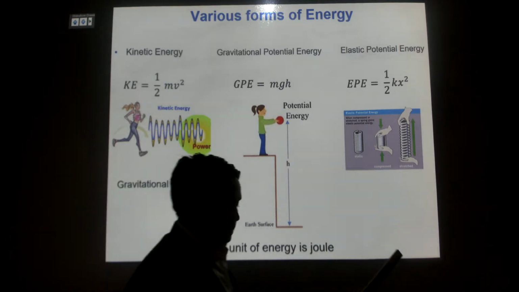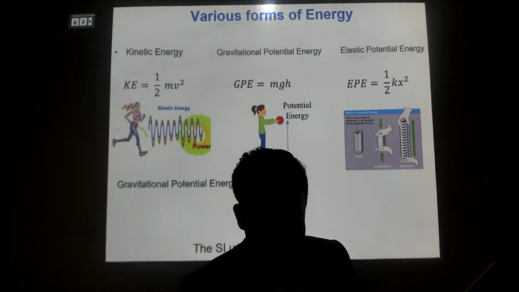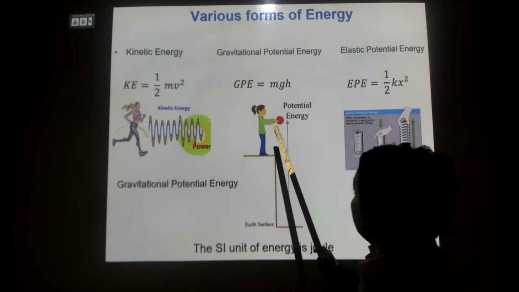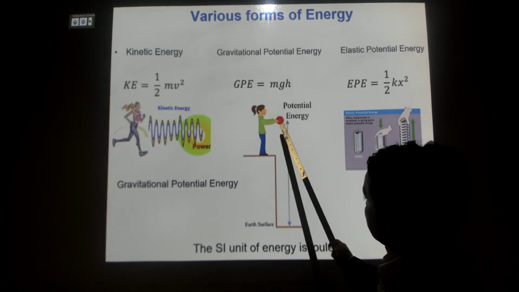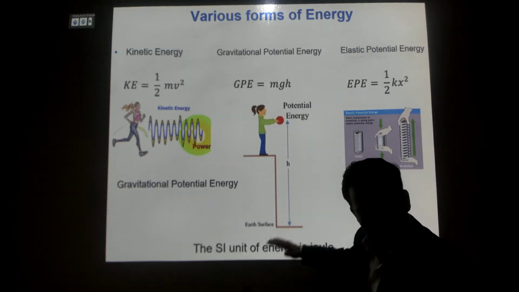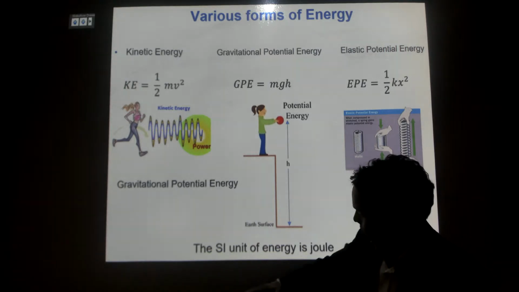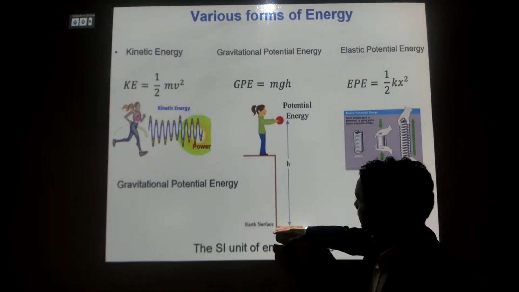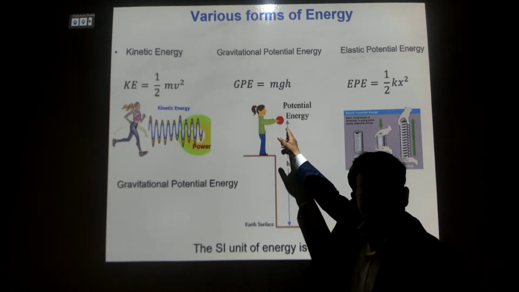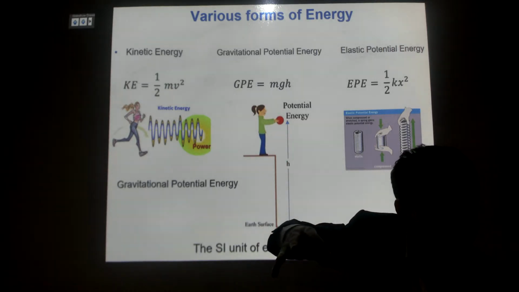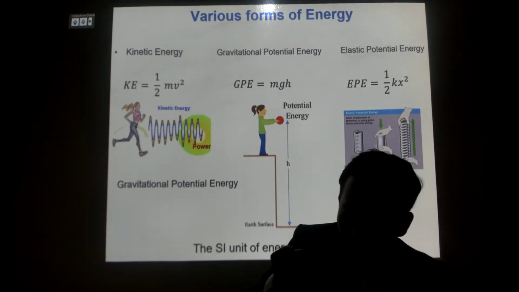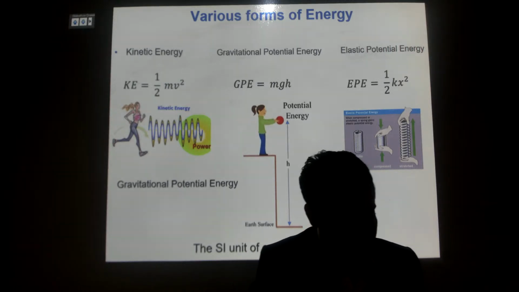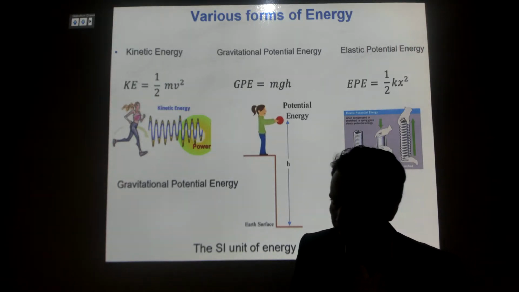The other form of energy is the gravitational potential energy. A girl is holding a ball here, and this is the earth's surface. You can choose any reference surface. With respect to this surface, this ball is at a height h. When she releases the ball, that means it has energy stored in it. It can crush any object.